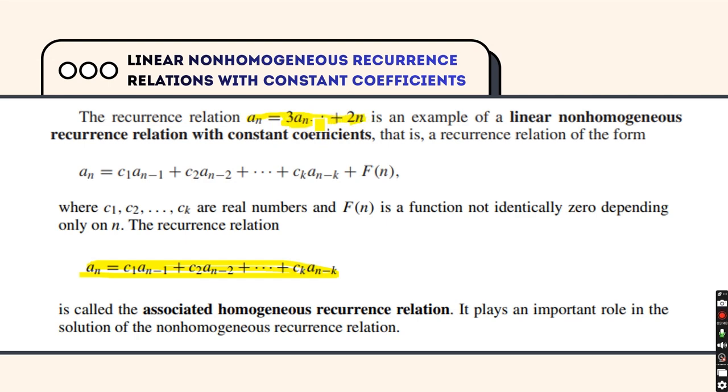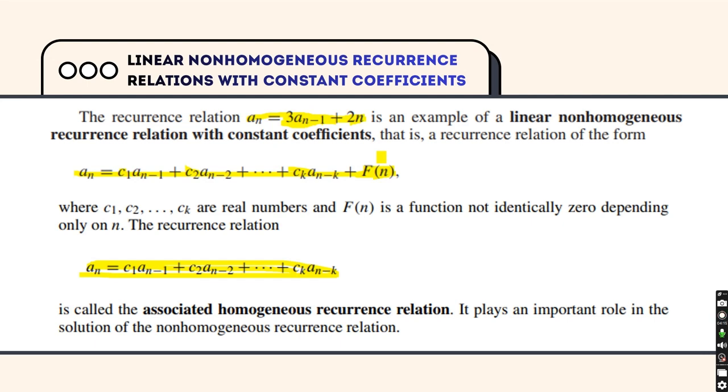So, in the general form, the coefficients C1, C2, and Ck are constants. And the term Fn depends only on n, not on any earlier a's.